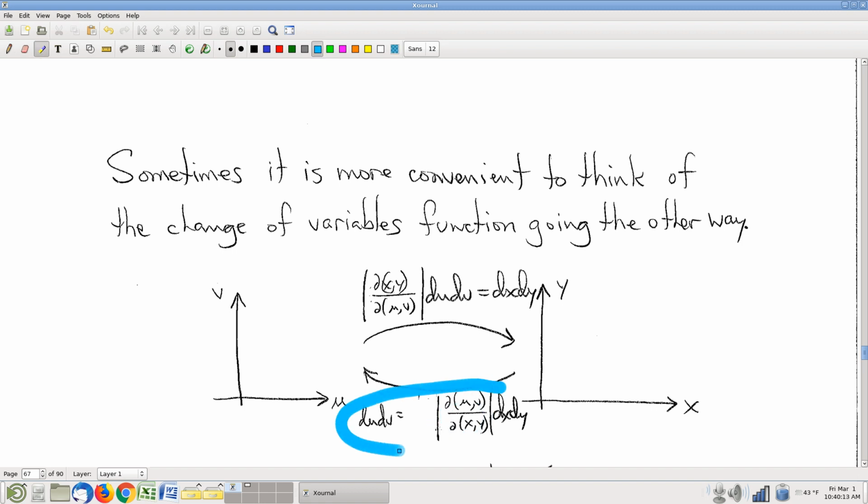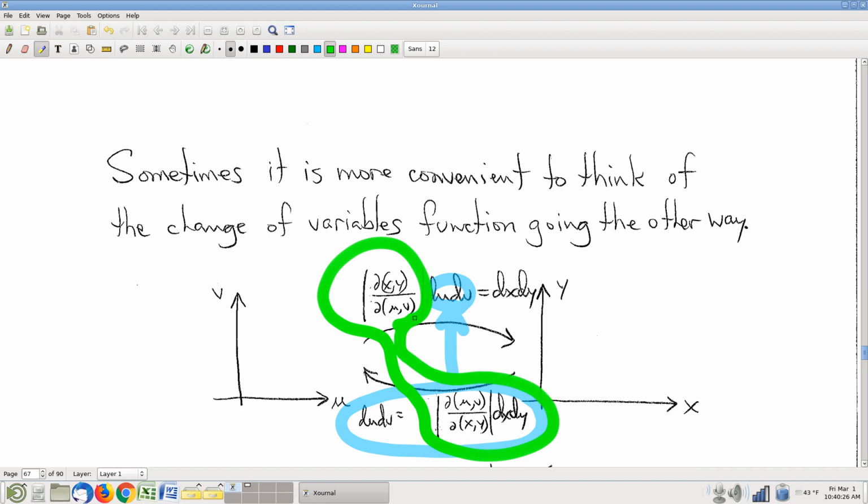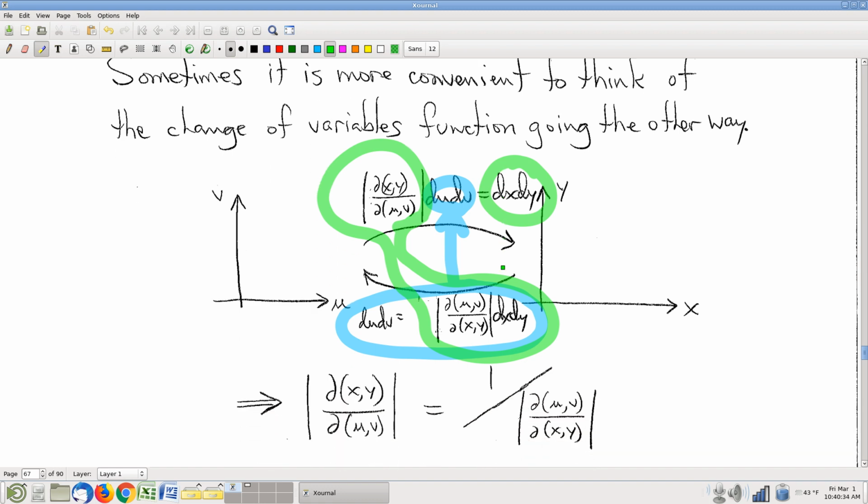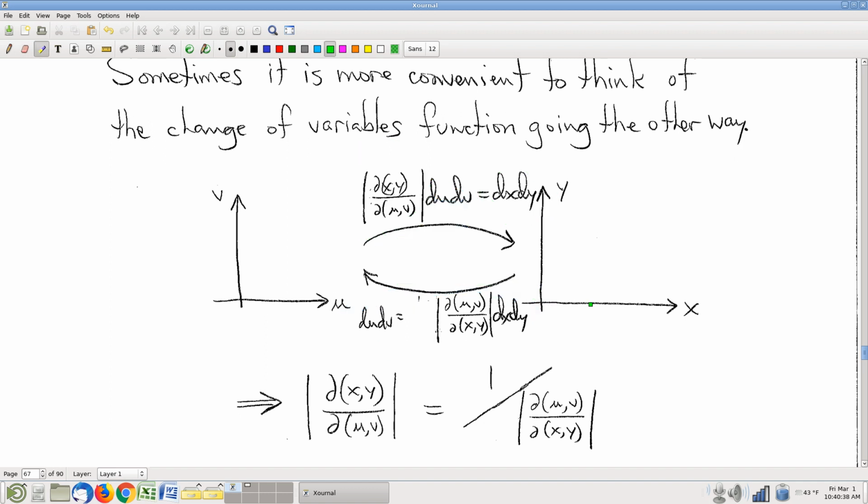The clever observation then is to take that formula for du dv and stick it into there, and what you get is that is equal to that, which means that those two stretching factors cancel, and therefore those two stretching factors are reciprocals of each other.